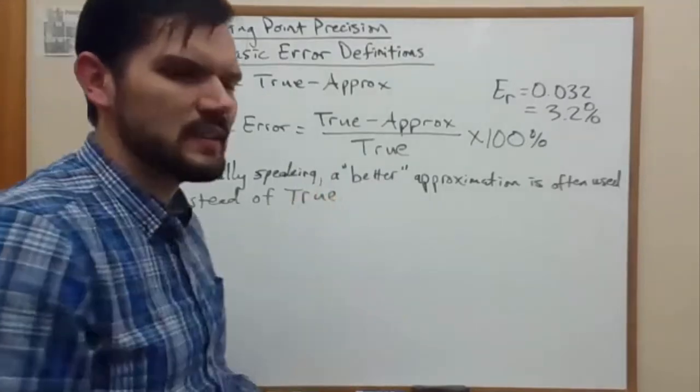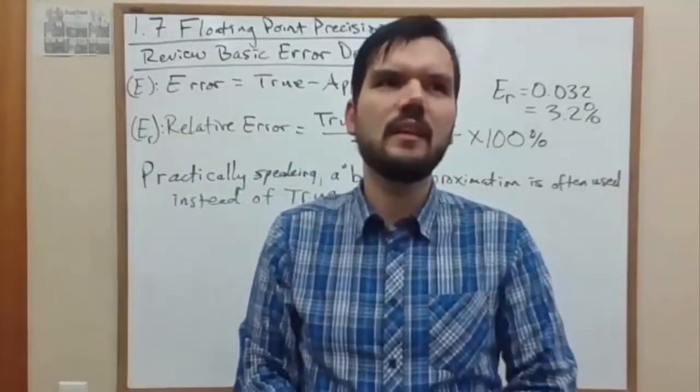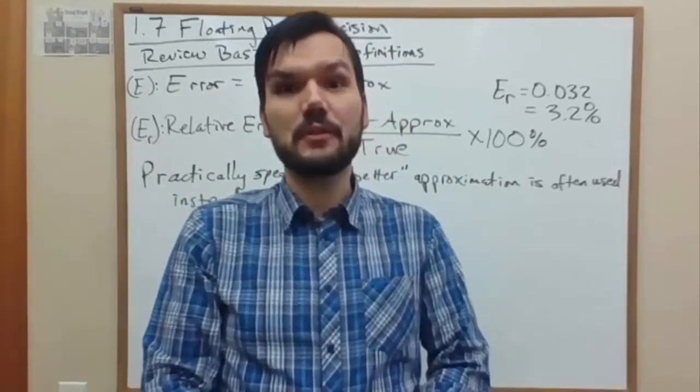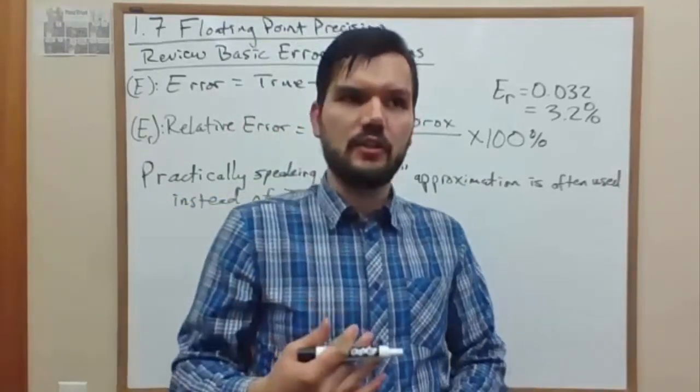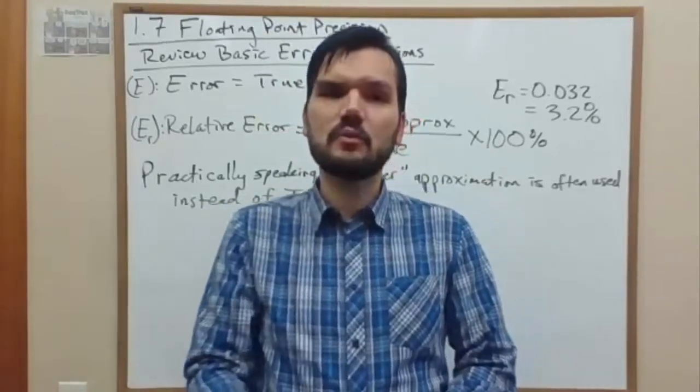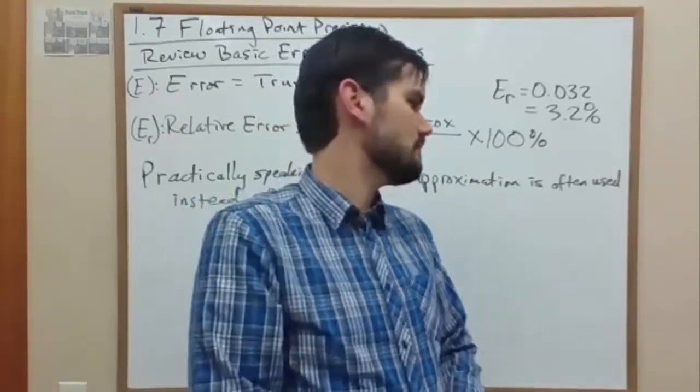Now, what does it mean by better? Well, it depends upon the situation. What better approximation do you have at hand? Do you have access to the best approximation? Then use that. If not, use what you have that is better.